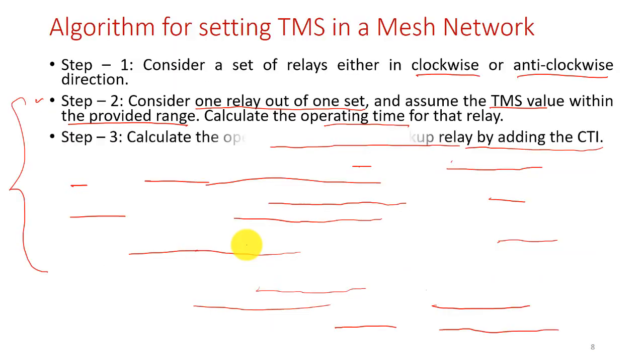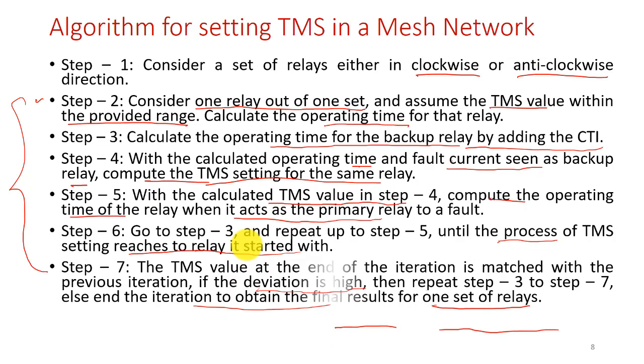Using this algorithm we can find the setting of TMS. It is iterative, as we have seen in the algorithm, until it converges, till the value of the setting in the present iteration is not much deviated from the previous iteration, right?